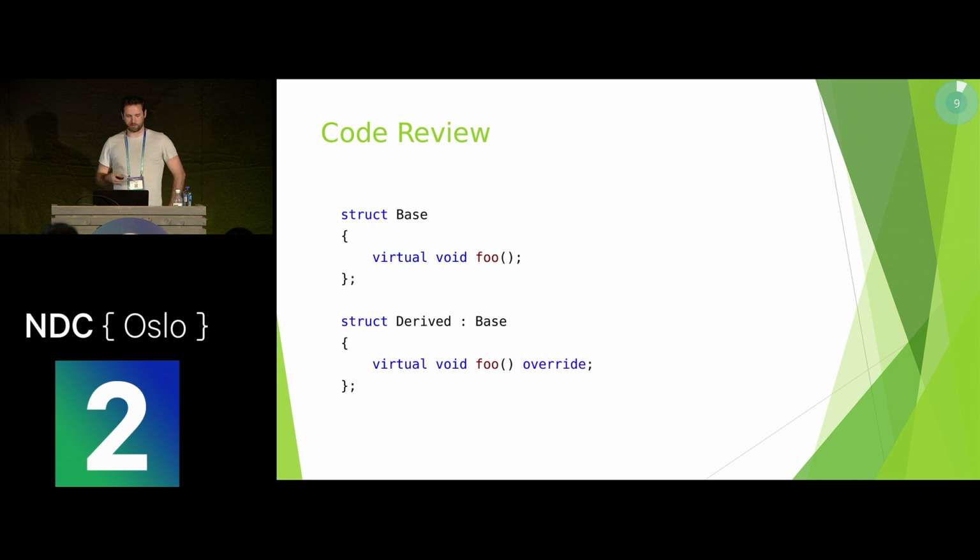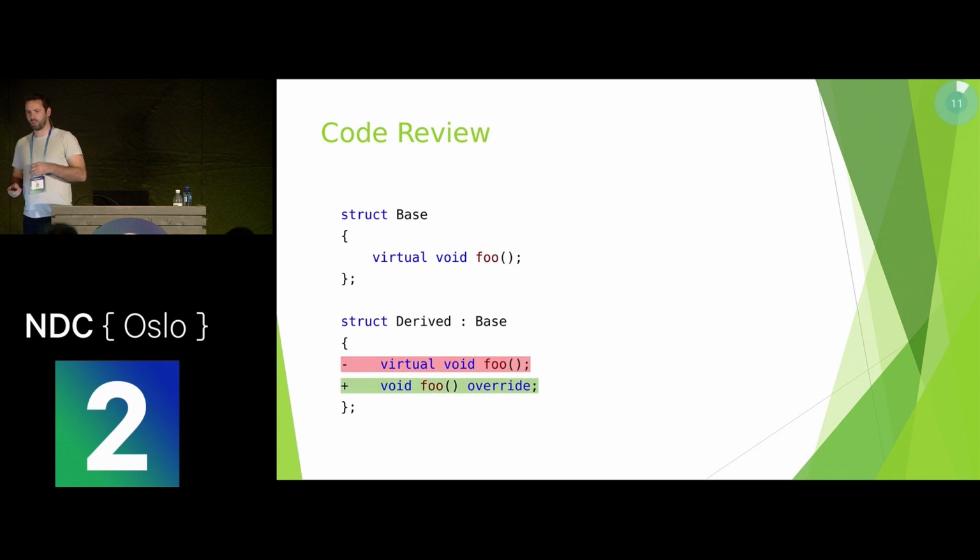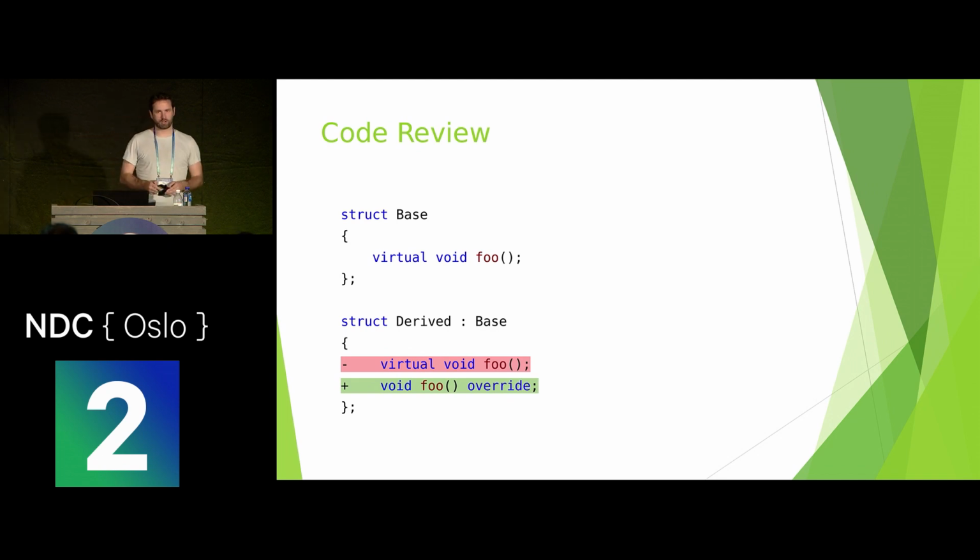So what we want is to have override there in the derived class, and then virtual is redundant, so we can get rid of that. This is the end result that we want to go for. We want to remove the foo declaration, which is incorrect, and add a correct one with the override specifier. And we want to do that mechanically.